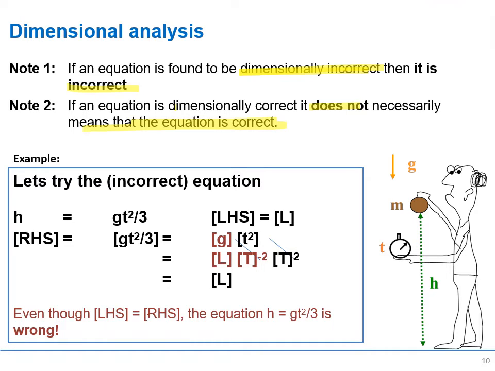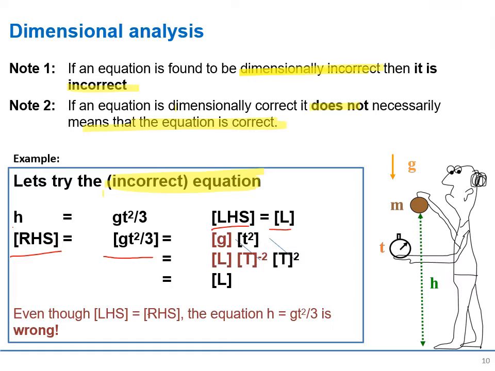Now let's try an incorrect equation, because when we check the dimensions, we don't take into account the numbers in the equation. For example, take the equation h equals 1 by 3 times g t squared. Again, on the left hand side you have height, that is L. On the right hand side you have 1 by 3 g t squared.